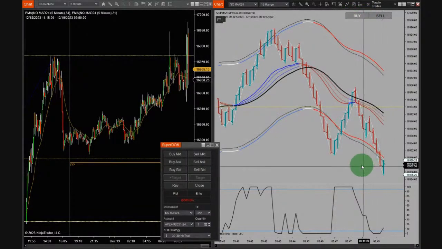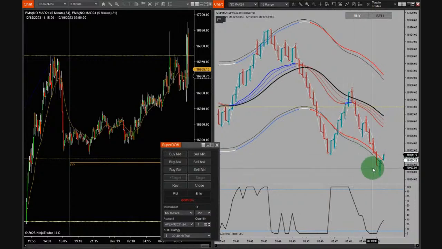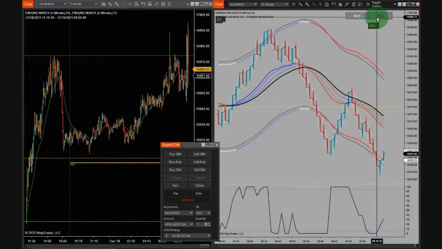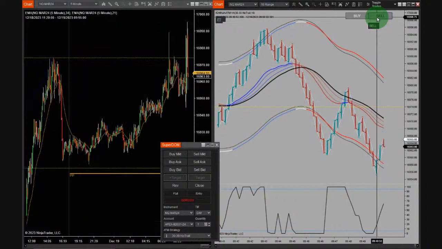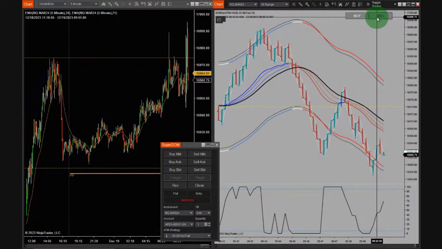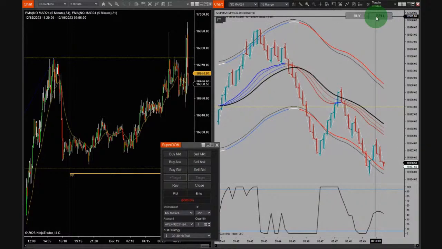So we definitely have a downtrend in place. And now I can take a pullback to the overbought. If we can get that much of a pullback, sometimes it won't pull back that much and it'll just continue lower. Sometimes the trend is just too strong to get a decent pullback.